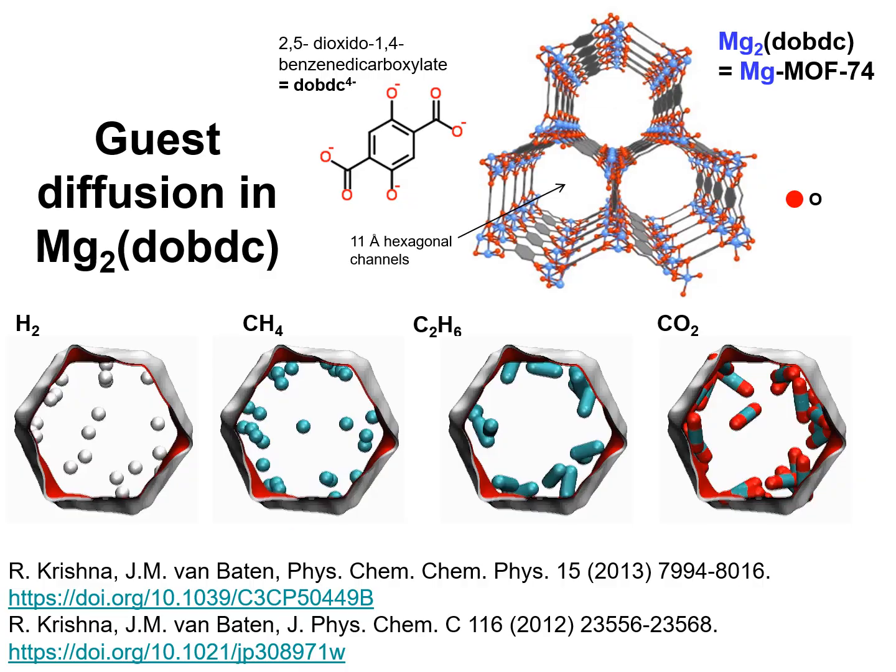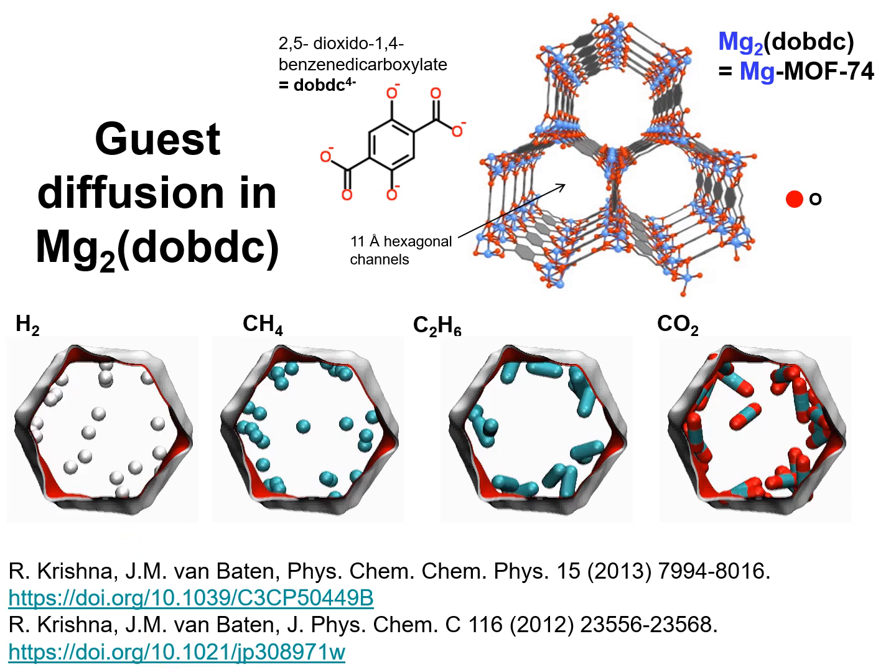Let's understand the diffusion characteristics of 4 guest molecules: hydrogen, methane, ethane, and carbon dioxide in magnesium MOF 74. I show animations of diffusion of these guest molecules, and these animations are created using molecular dynamics simulations.